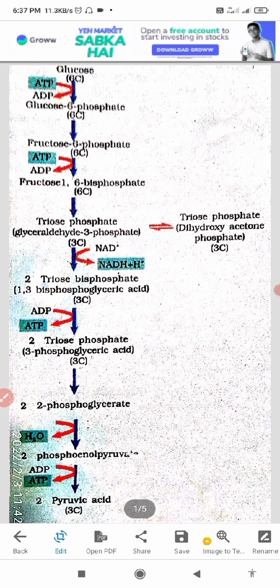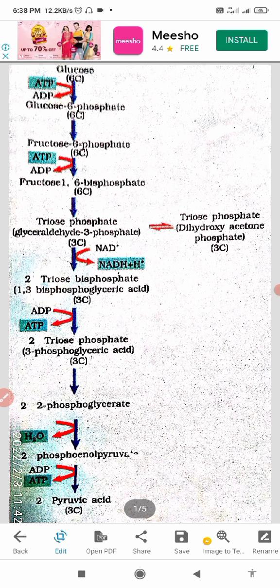By the breakdown of ATP, which results in the formation of ADP and a phosphate molecule. That phosphate molecule is going to add to the glucose molecule as a functional group, and glucose 6-phosphate is formed.